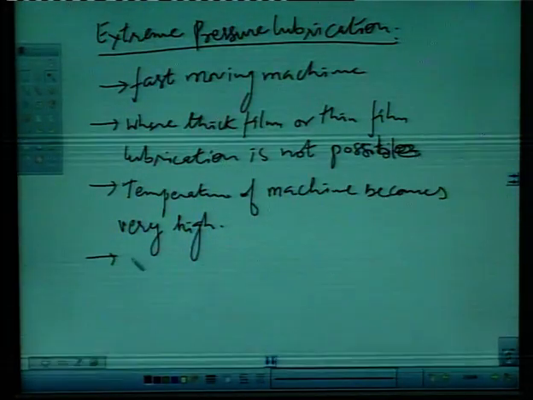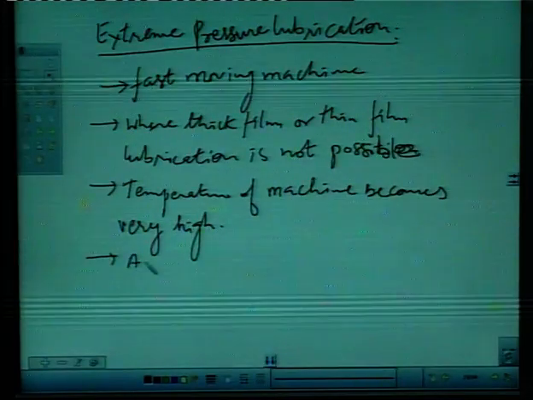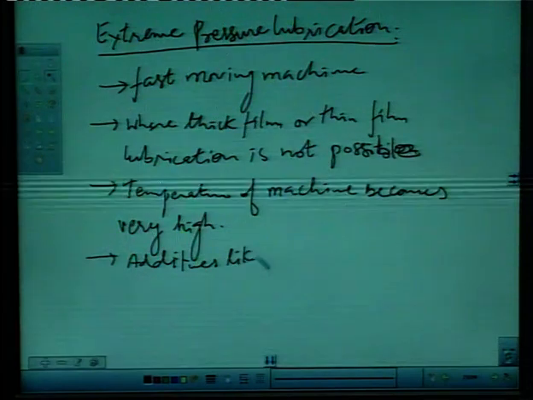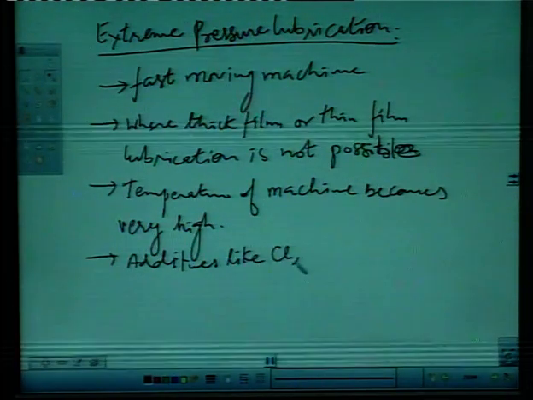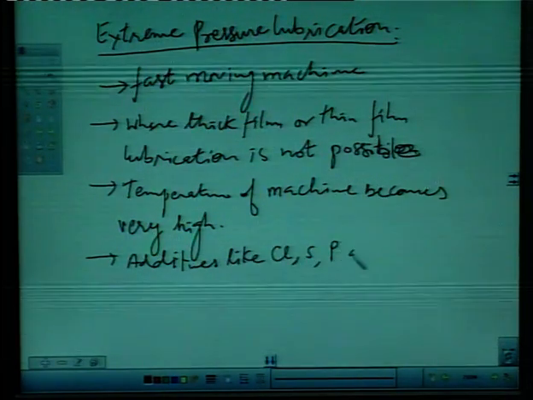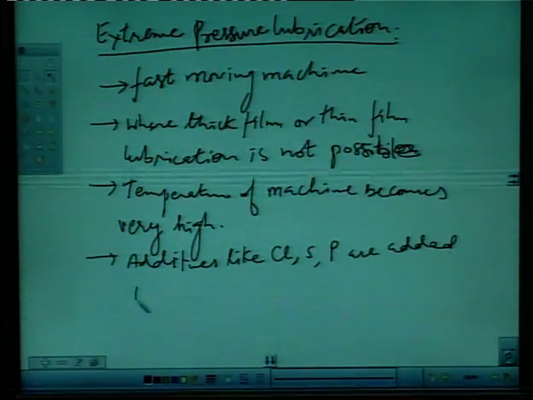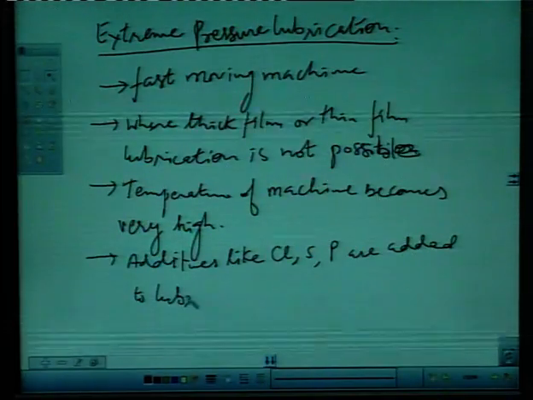In these, additives like chlorine, sulfur, phosphorus are added to lubricants.